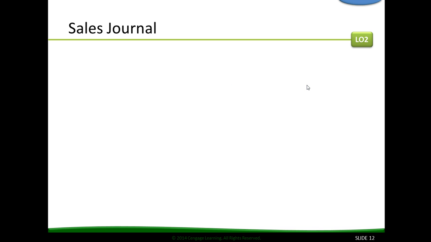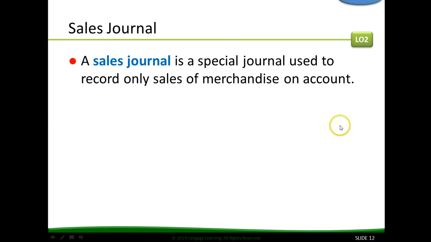So how do you think businesses keep track of the sales and what everybody owes us? Well, if you are looking straight at the screen, you can see that the answer is a sales journal. Sound familiar? To keep track of our purchases, we used a purchases journal. To keep track of what money people owe us, we use a sales journal. So a sales journal is a special journal, and there's that term, and we had that on the test, I believe.